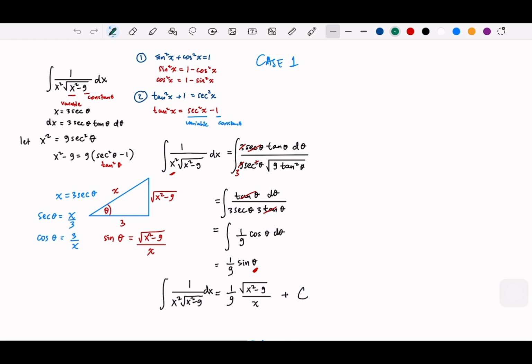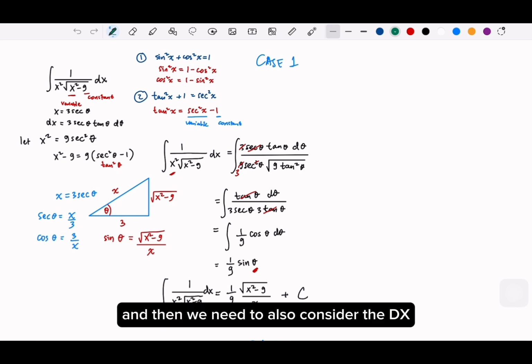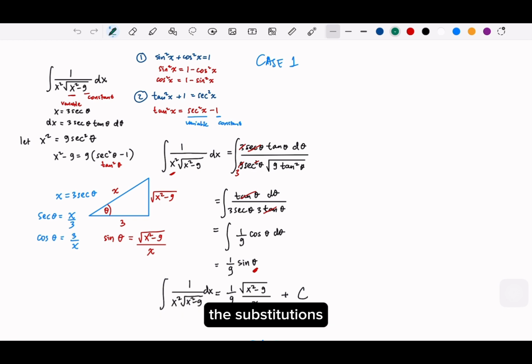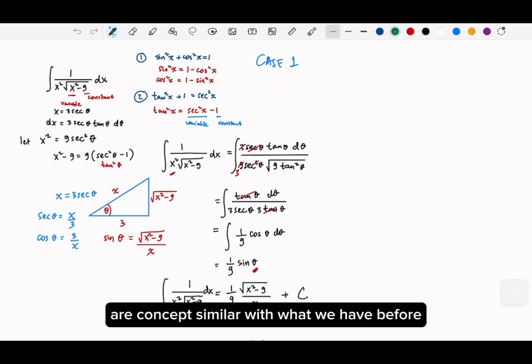Then we also need to consider the dx, because everything will be substituted. The concept is similar to the regular substitution, where we remove the old variable and change it to a new variable.